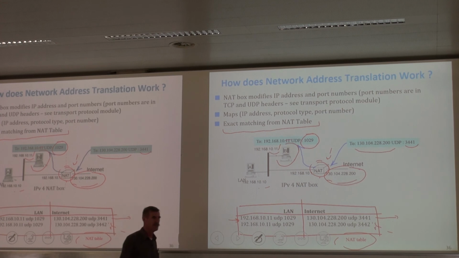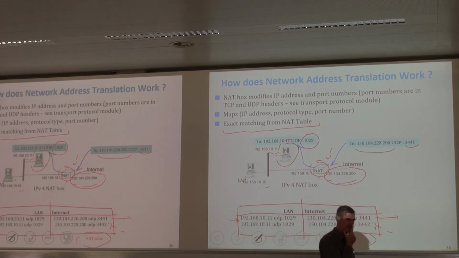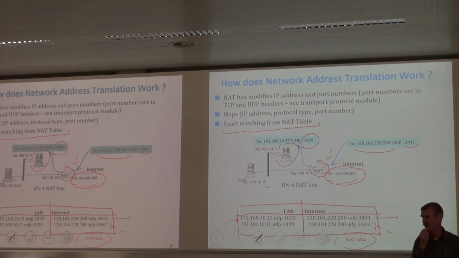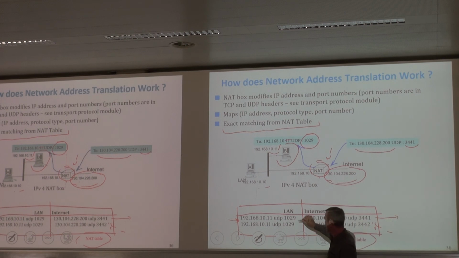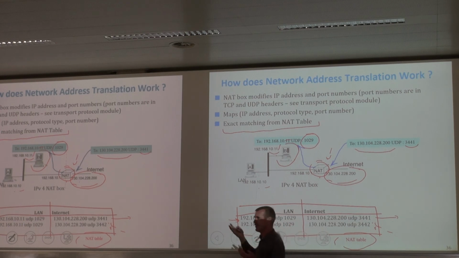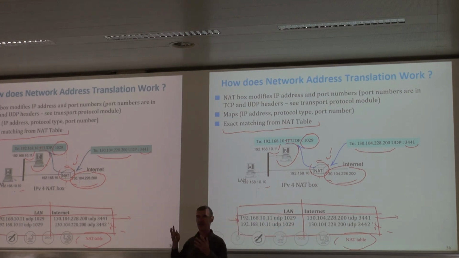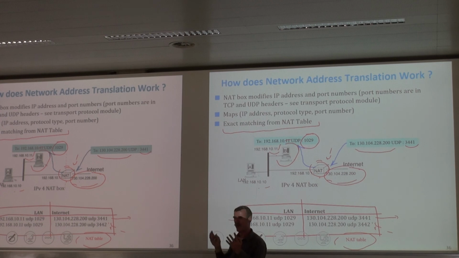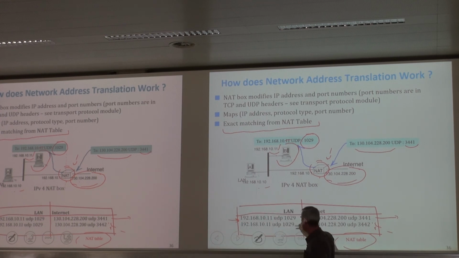Right. Yes? So, is it possible that in the LAN there is the same port and the same IP? So on purpose here, I use the same port number, which is very rare, but it can happen. So this port number, which is used by machine A and machine B, if they're exactly the same machine and they boot and do exactly the same job, perhaps they will use the same port number, even though there's so much randomness in machines.